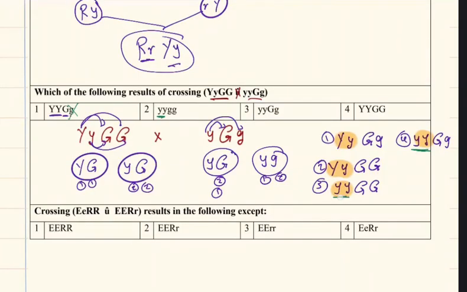But do I have G small in the offspring? No. So this is not right. Let's see here. Y small, Y small, G capital, G small. Yes, we have it. So this is the correct answer, the one which will result from these two. The others will not result.